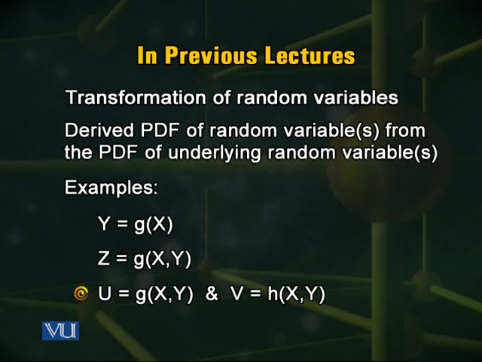So from two underlying random variables x and y, we got two derived random variables u and v. We analyze the behavior of these two random variables by working with their joint PDF, as we analyze the behavior of a single scalar valued random variable through working with its PDF. So the PDF of the derived random variable is the quantity that we want to reach.